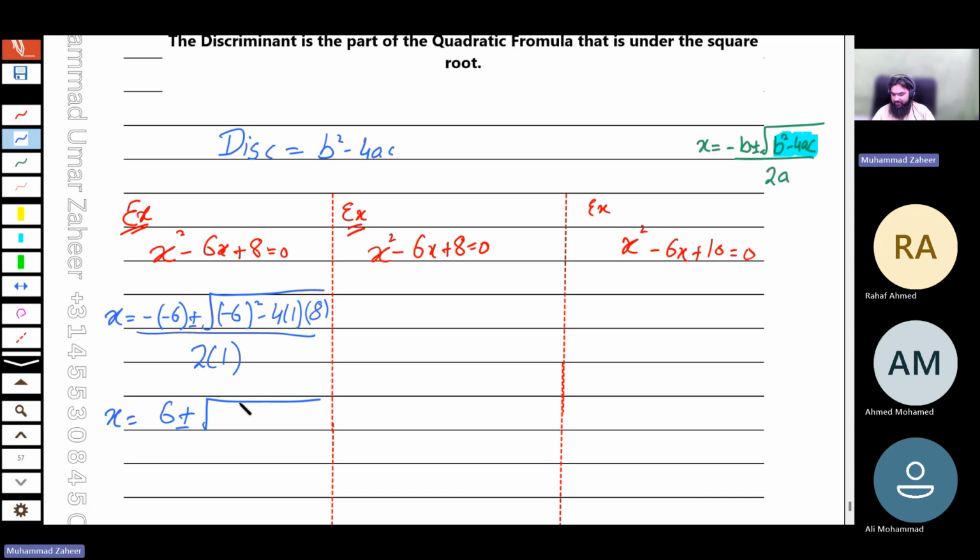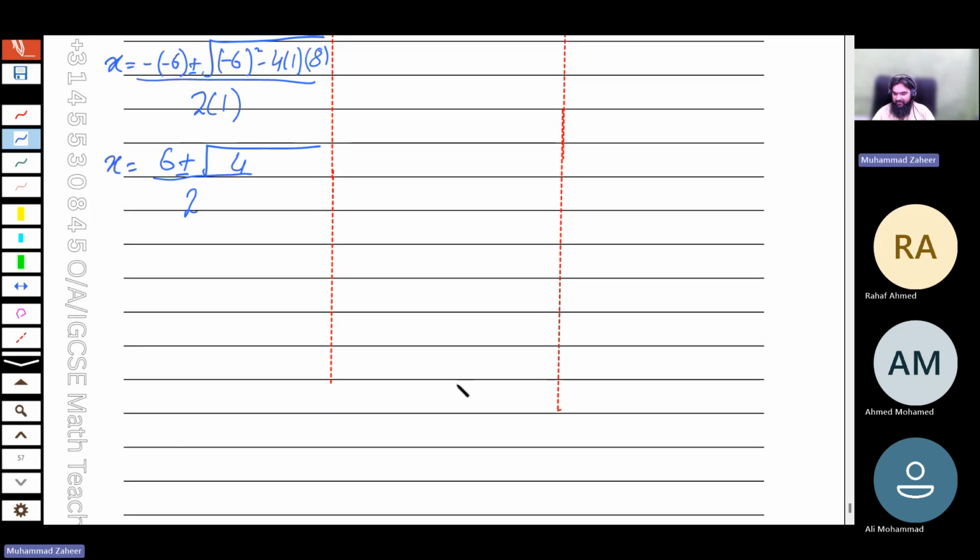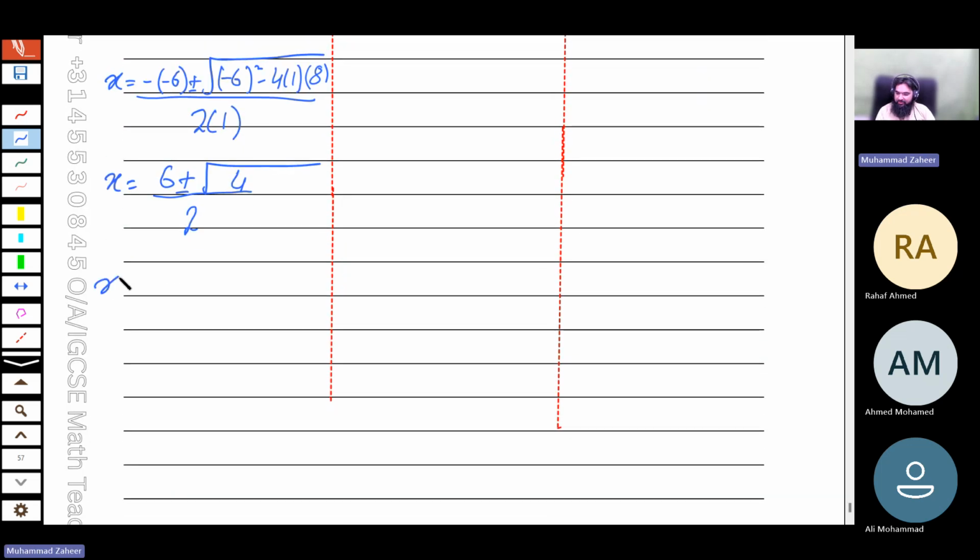So 36 minus 32 will be 4, divided by 2. Now you have to separate the values. You will check the answer: 6 plus 2 because square root of 4 is 2. So 6 plus 2 is 8, and 8 over 2 will be 4. And the second answer: square root of 4 is 2, 6 minus 2 will be 4, and 4 over 2 will be x equal to 2.